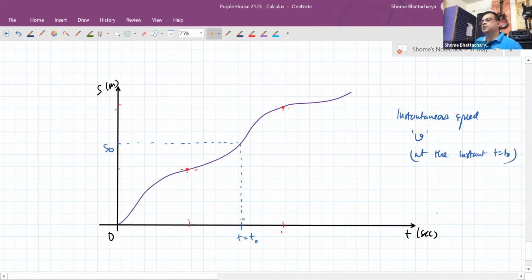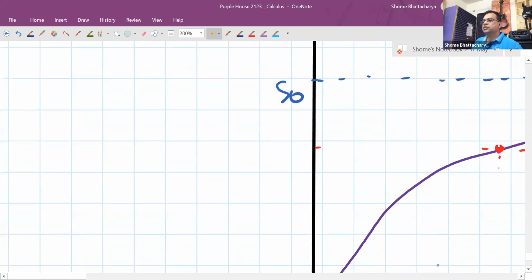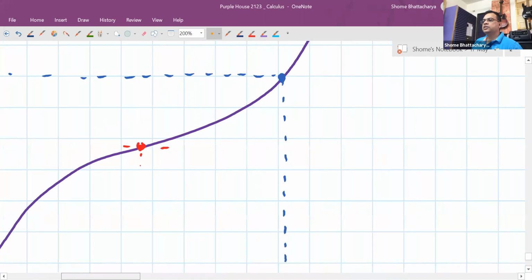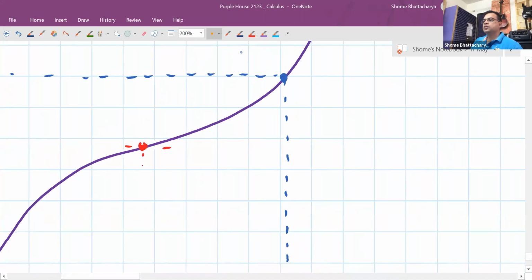Okay. But then instead of taking an interval of time from here to somewhere larger, I have to take a very, very short interval of time. So I'll have to zoom into this graph. Because imagine, compared to the journey time of a car, what is the time taken for the rotation of one wheel? It's a very, very short interval of time. So I'll have to zoom into this and take a very close point to this, such that from this point to this point, when I track the time traveled, it is negligible and the difference in time is very short.